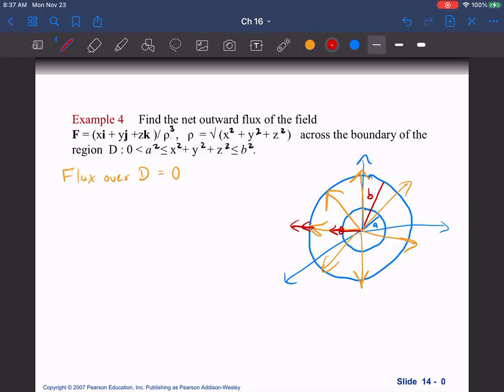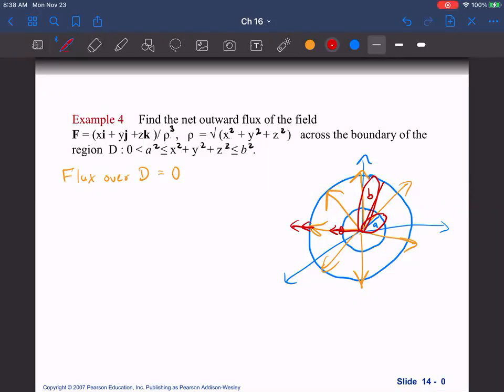So essentially what this is telling us is the amount of flux over the surface of a sphere that's centered around the origin is independent of the size of the sphere. Because we have two different spheres, one with a radius of a and one with a radius of b, whose fluxes are exactly opposite of each other.